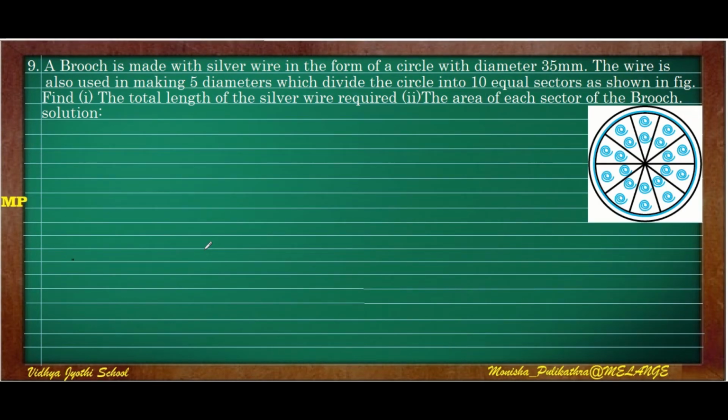A brooch. A brooch is nothing but what the girls will wear in their hair. So a brooch is made up of a silver wire in the form of a circle with diameter 35 millimeter. So here first the length has been given, the diameter of a brooch.